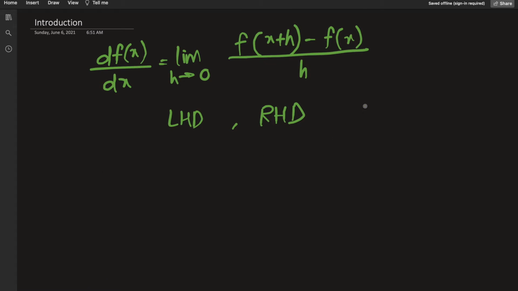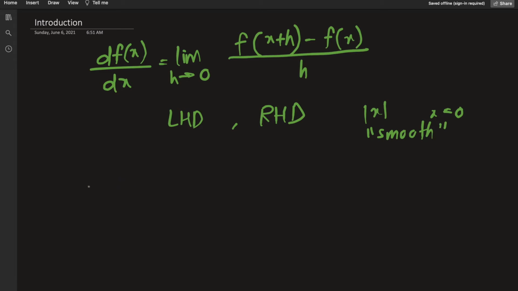We had functions such as the absolute value of x that were evidence that although the function is continuous, it's not differentiable at x equals 0, for example. So we want them to be smooth if we're talking about differentiability.